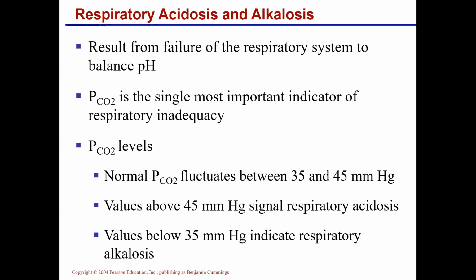And remember, if you have a lot of CO2, it will be converted into bicarbonate ions and hydrogen ions. Then the blood pH will change. Too many hydrogen ions make the blood pH lower.